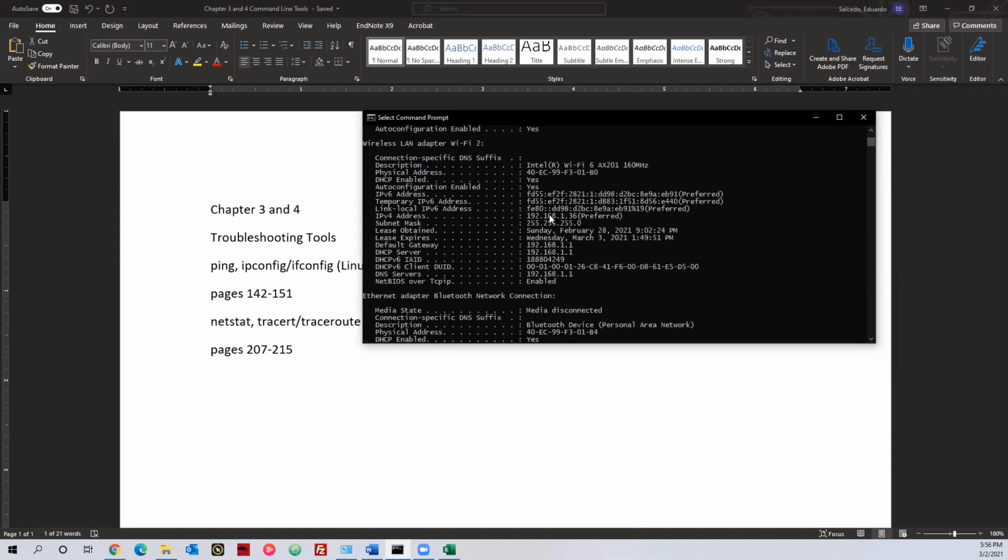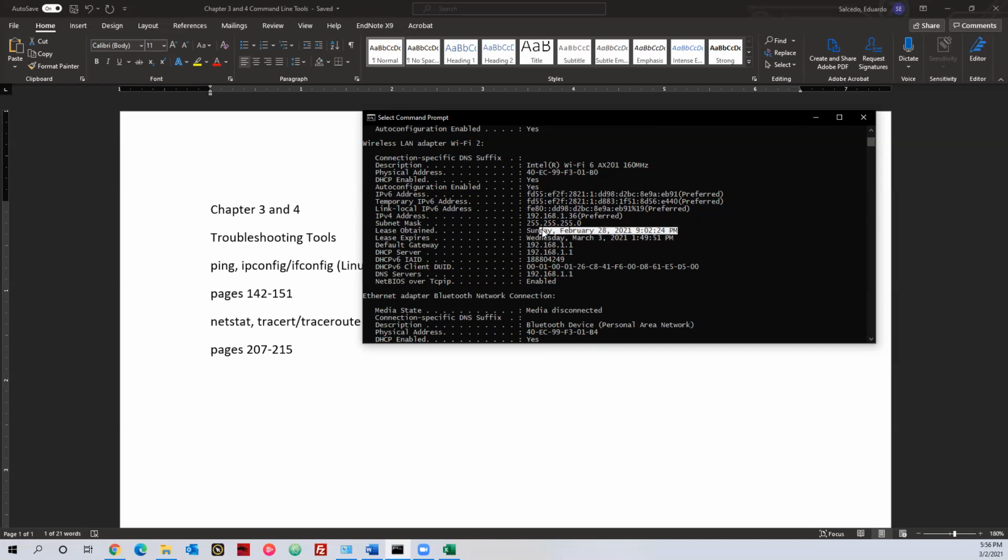Let's move on here. It tells you if the DHCP is enabled, auto configuration. It gives you more information, right? It tells you when the lease was obtained for the network connection. The DNS server too. That lease is an IP lease? It says lease obtained.